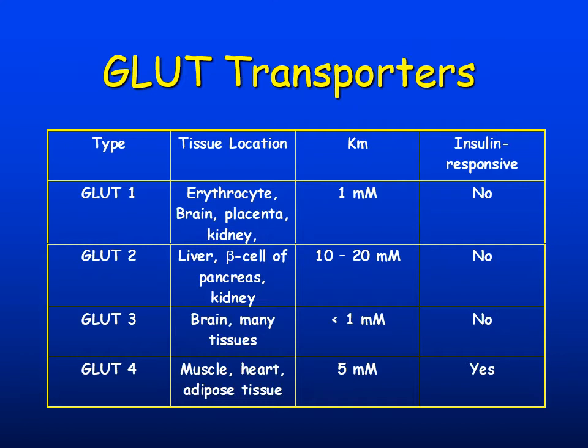Now, the other key GLUT transporter that comes into its own during the well-fed state is GLUT4. And remember here, this one is responsive to insulin. You're well-fed, insulin levels will be high, and therefore a good portion of that glucose that's being absorbed will end up in your muscle and your adipose tissue, which is where this GLUT transporter is expressed strongly.